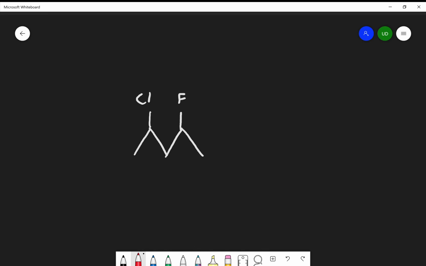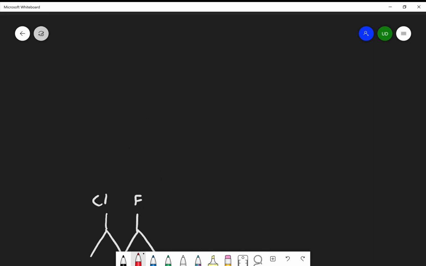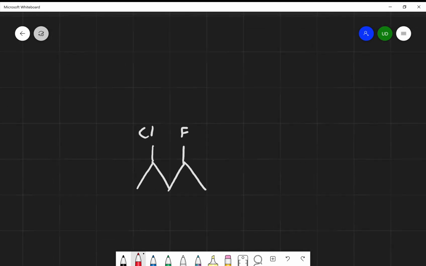Either left or right. If you were to just put the numbers, you would have a substituent on carbon number 2 on both sides. But we can't just put them like that. You would have to go by alphabet. And C comes before F. And so our numbering system, you would want to put it on the left side.